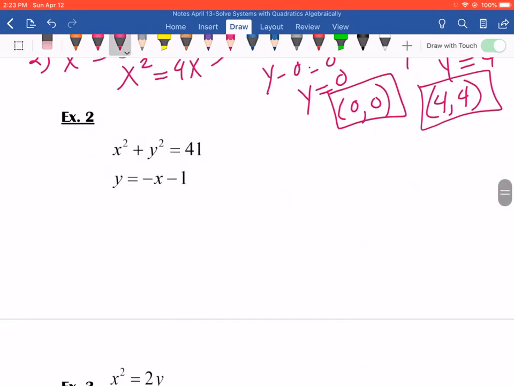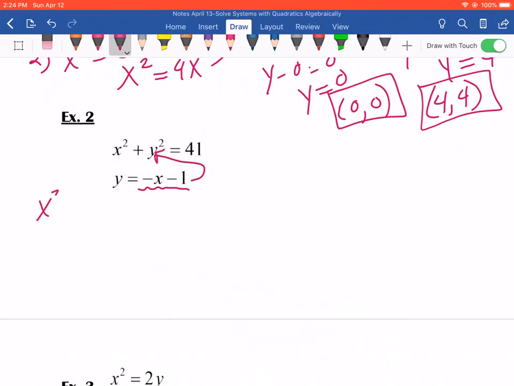Well, with example number 2, what I can see right off the bat is that I already have one of these equations solved for a variable, right? I have y equals negative x minus 1. So that makes my life a little bit easier, in the fact that now I can go straight to plugging in negative x minus 1 for every y in the above function.